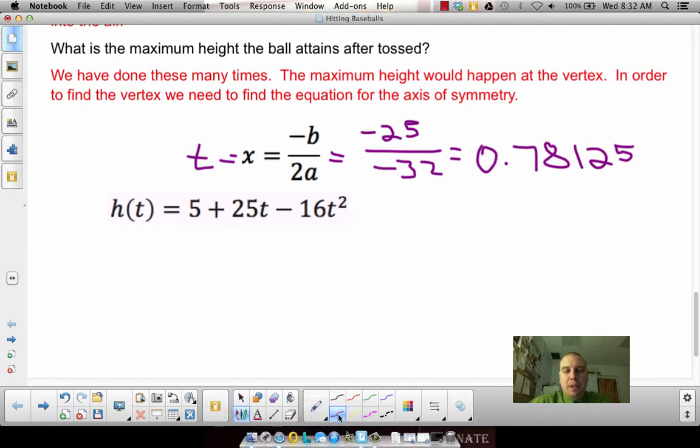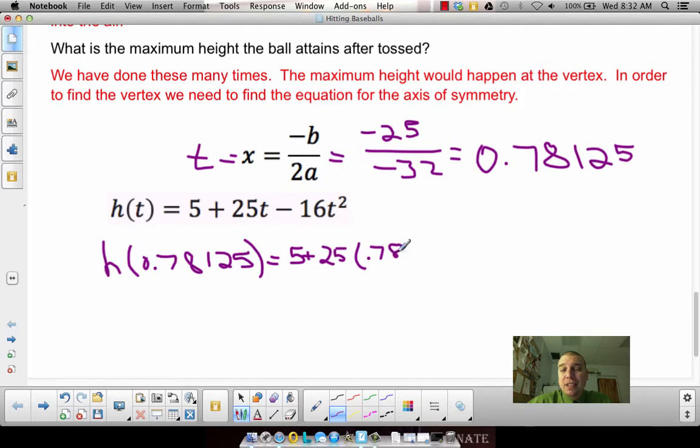All right, so now let's take these values and substitute them in. So I want to get back to my pen here. All right, so I have to do h of 0.78125. And I'm just going to substitute all my values in. So 5 plus 25, and this you're all going to do with the calculator, times, and you know what?